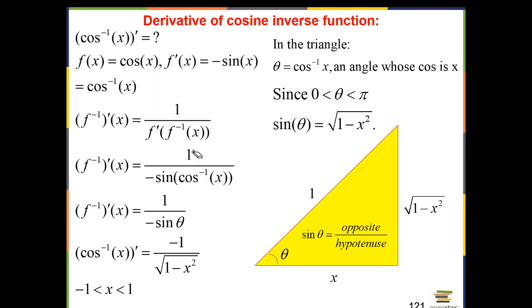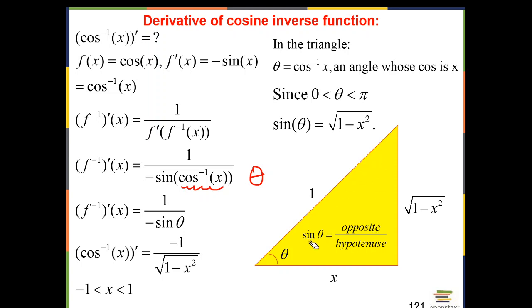It would be 1 over the derivative of cosine, which is negative sine of cosine inverse, right? And again, the same trouble we have as in the previous one. Cosine inverse of x is actually an angle we're looking for. We're looking for an angle whose cosine is x. Again, we use the same trick.